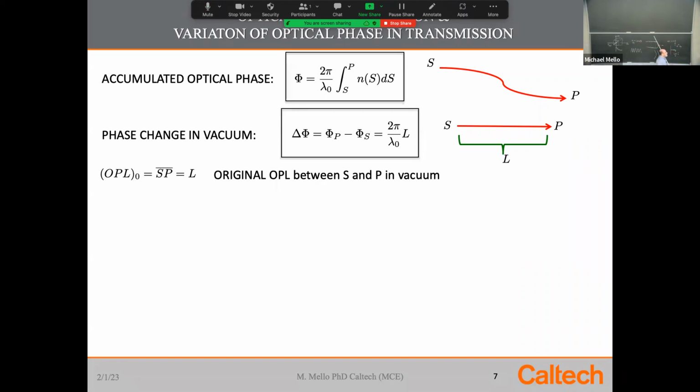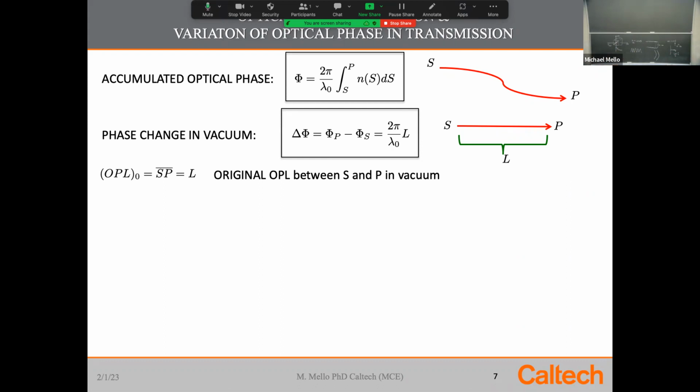The integral just says, in general, if you had some wild n that varied in the material, you'd have to do this integral to get the phase. That does happen. People who study optics at a very high level study exotic properties, and they may have a graded index of some kind, and then phase is computed this way.